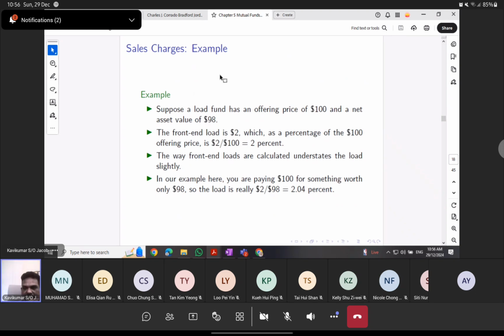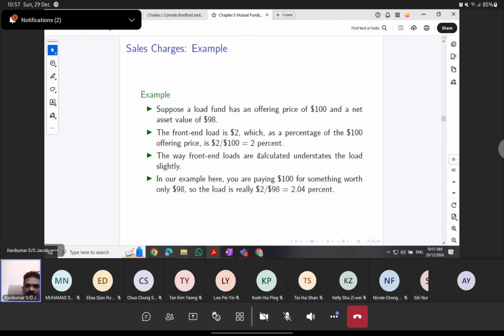Sales charges. Some examples. Suppose your load fund has an offering price of 100 and a net asset value of 98. The front-end load is $2, which as a percentage of the 100 offering price is what? 2%.